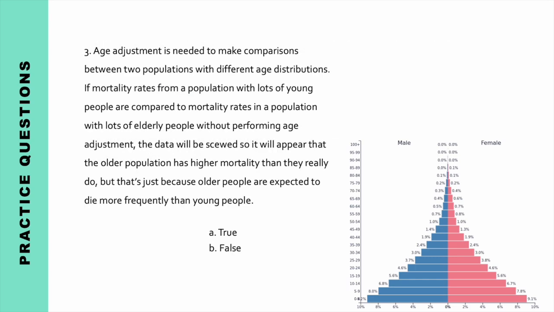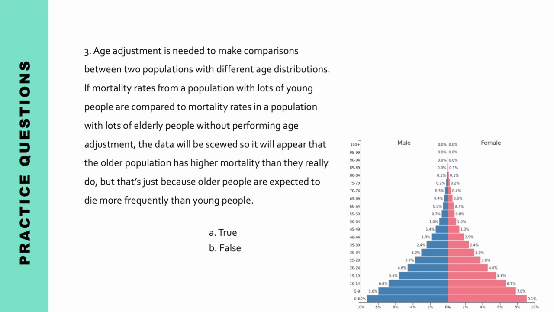Age adjustment is needed to make comparisons between two populations with different age distributions. If mortality rates from a population with lots of young people are compared to mortality rates in a population with lots of elderly people without first performing age adjustment, the data will be skewed, so it will appear that the older population has higher mortality than they really do, but that's just because older people are expected to die more frequently than younger people.